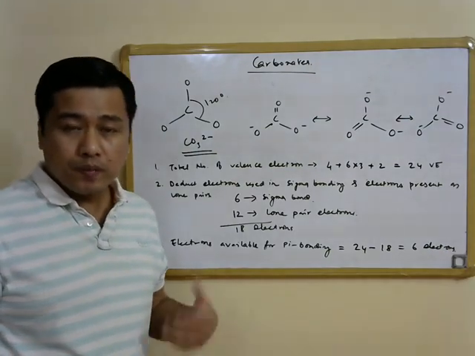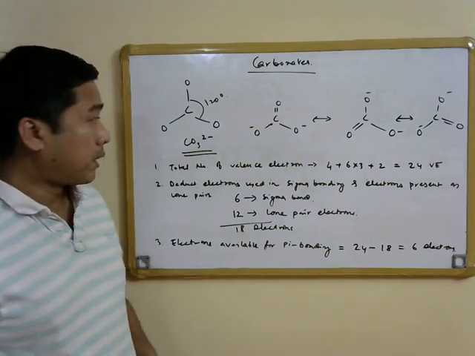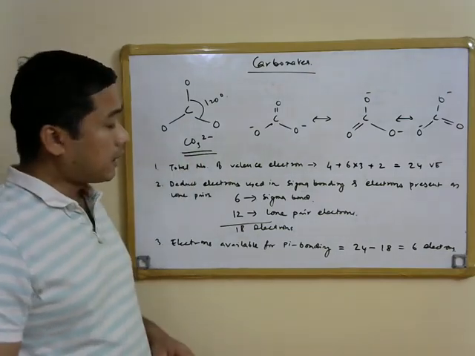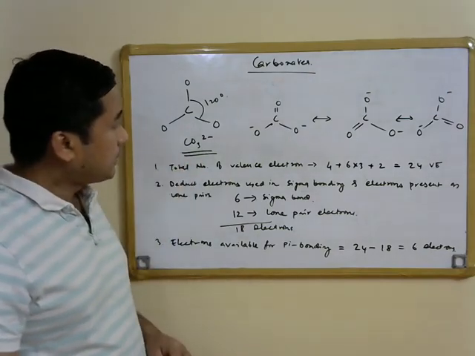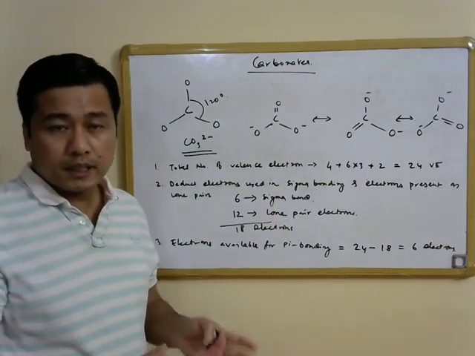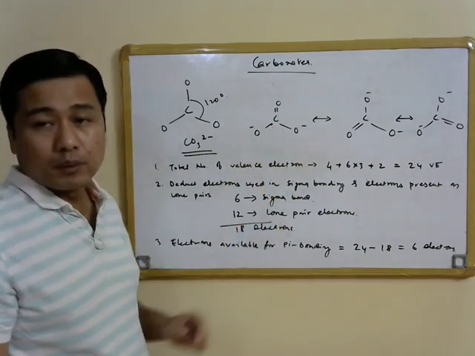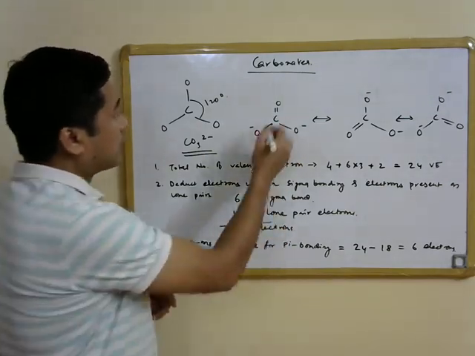Now we will look at the number of orbitals available for pi bonding. In case of carbonate ion, we see that the carbon center is sp2 hybridized, and an unhybridized p orbital is available in the carbon atom.